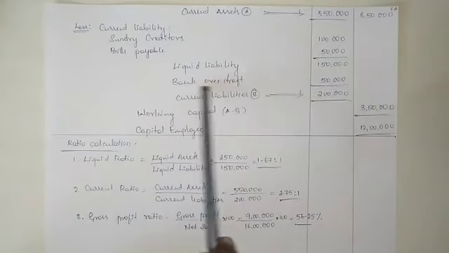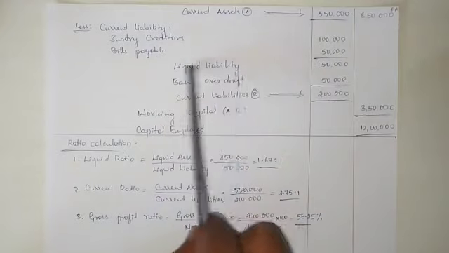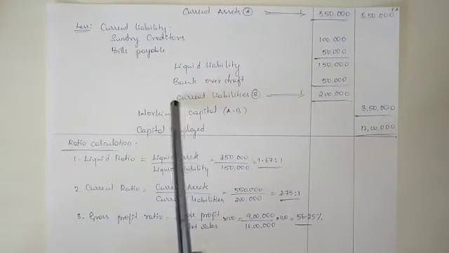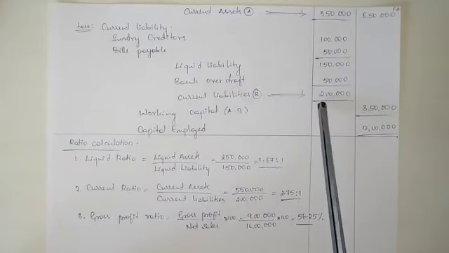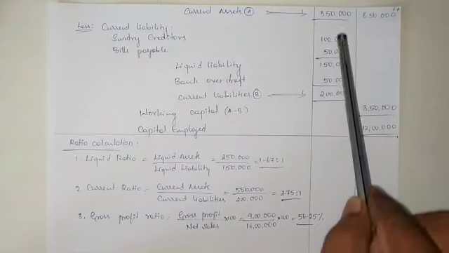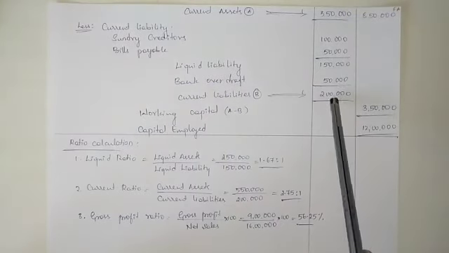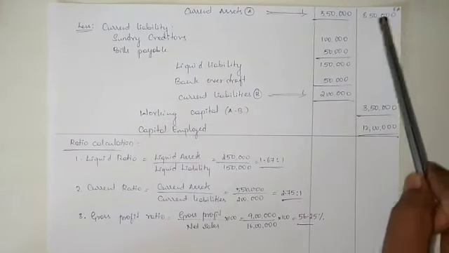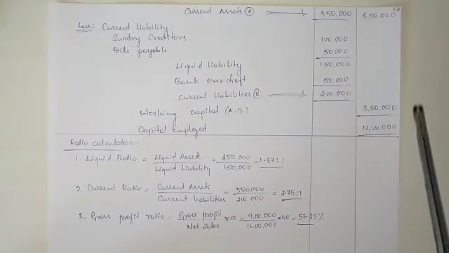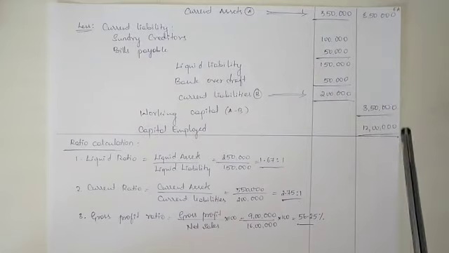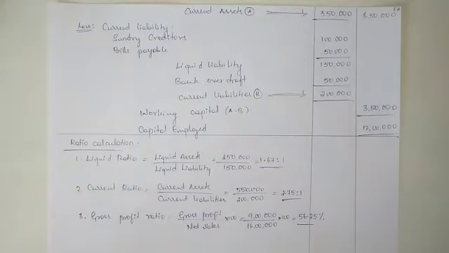Bank OD is there; bank OD is not considered in liquid liability or quick liability. Bank OD is 50,000. Total current liability is 2 lakh. So net working capital is going to be 5,50,000 minus 2 lakh, 3,50,000. So capital employed is fixed asset 8,50,000 plus net working capital 3,50,000. Total 12 lakh rupees is capital employed.